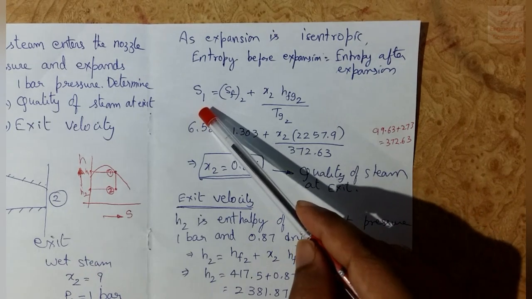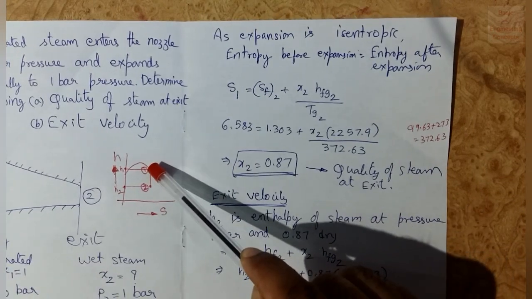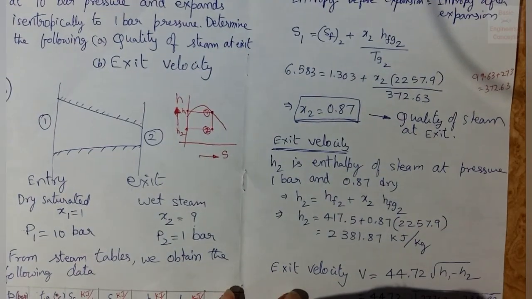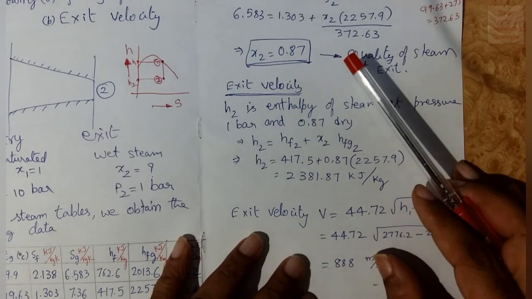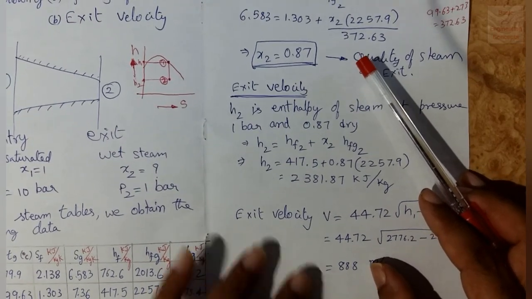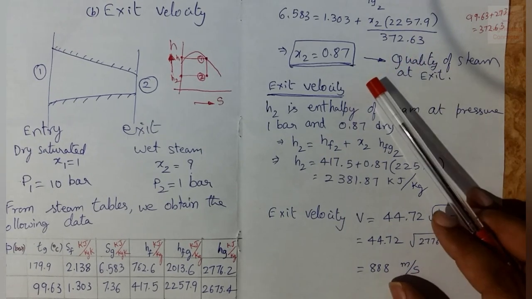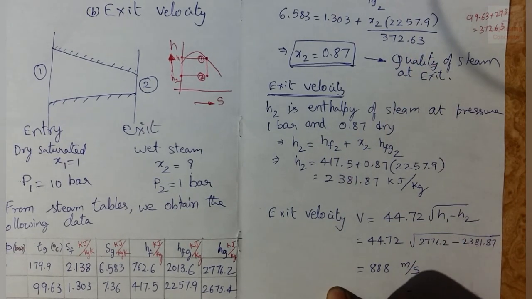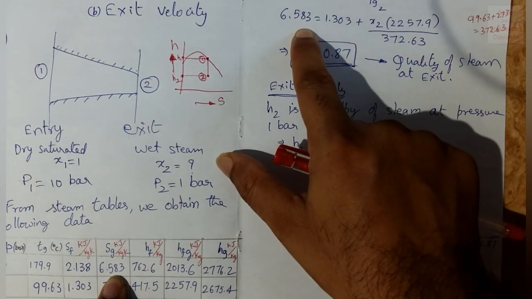So S1, because it is on the dry saturation line, S1 means SG. What is the value of SG? The SG value is 6.583.